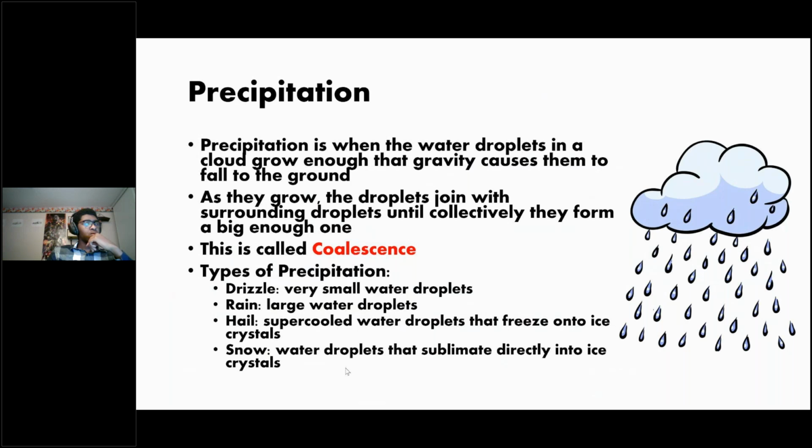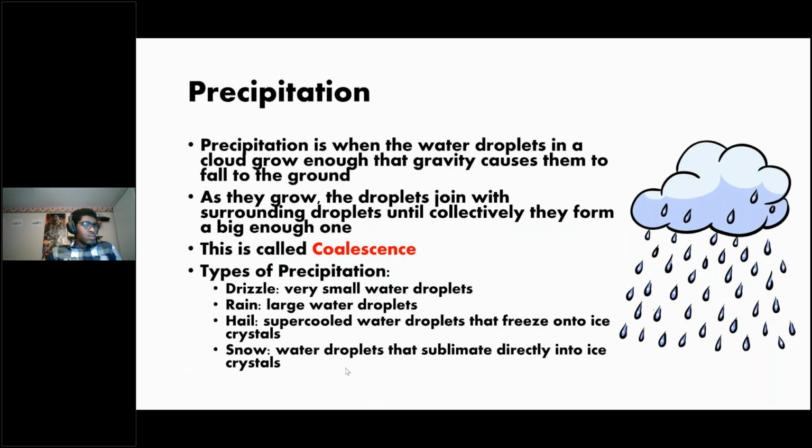But when they're disturbed by, let's say, an ice crystal that's also in the cloud, then they'll freeze extremely quickly just around an ice crystal. And so that's what hail is. So it's a neat phenomenon.